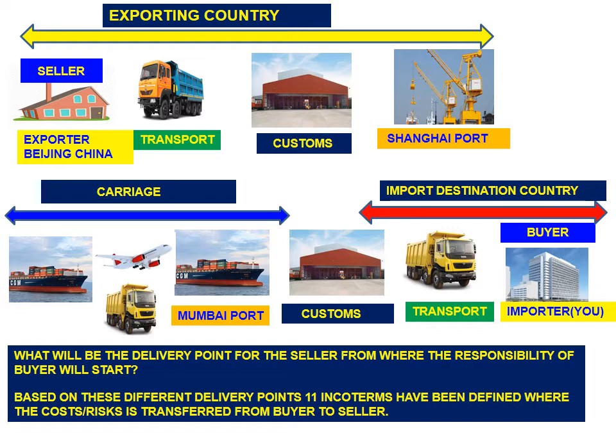The exporter in Beijing, China will take the goods from his warehouse into the local transportation, either to the airport or seaport or by road. It will be transported. Then it arrives in Mumbai, India. Again, you have all the formalities, the customs formalities, the import taxes, then the transportation to the destination place of the buyer. So here in Incoterms, what is it that we are referring to?